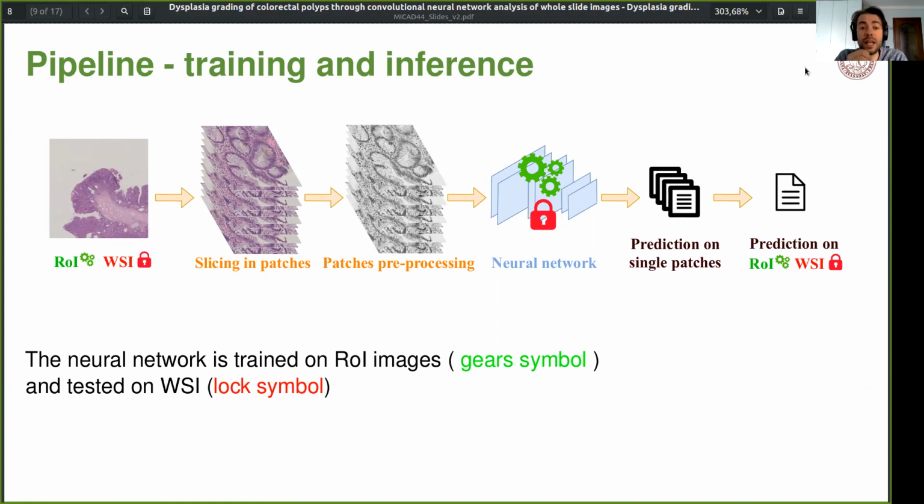At the inference level, we have the tissue in the whole slide, and we slice it also into patches, pre-process those patches, feed the neural network, and make the prediction for all the patches. After that, we try to predict the whole slide diagnosis by maximum voting criteria from the patches predictions.